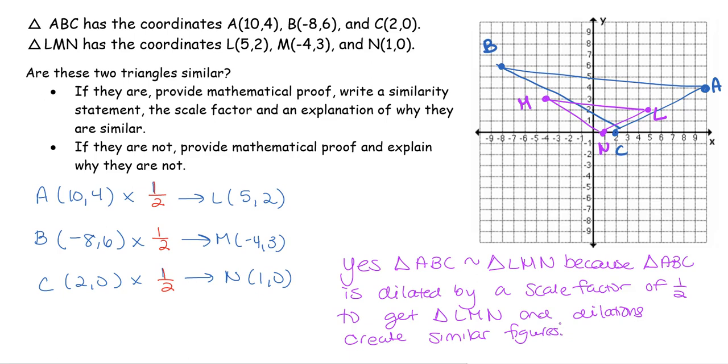We will talk about another way to prove triangles similar in the coordinate grid, but the easiest way to do it is to show whether or not they are dilations.